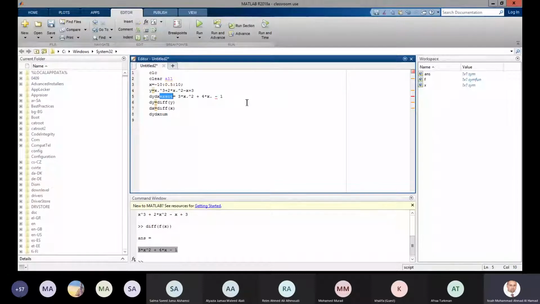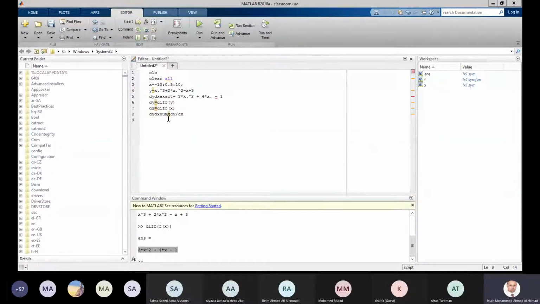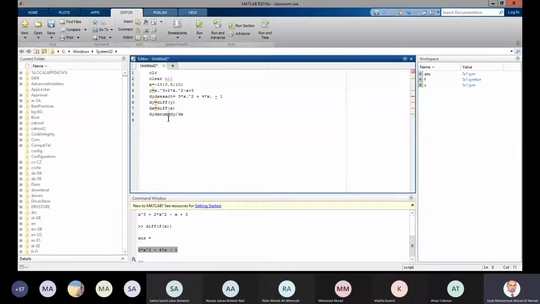So these are the derivatives: this is the exact derivative, and this is the numerical derivative, equals dy over dx. However, as we said, these are vectors or matrices, so you have to put the dot.